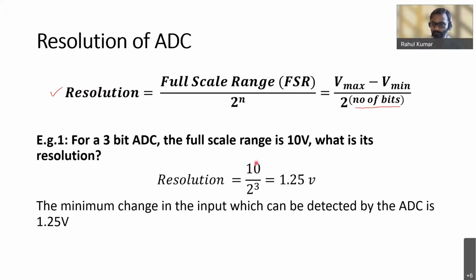We can write it as 10 divided by 2 to the power 3, and if you calculate it, it will come out to be 1.25 volt. What it means is this is the minimum change in the input that can be detected by your ADC. So 1.25 volt is the minimum change in input which you can detect using this 3-bit ADC.